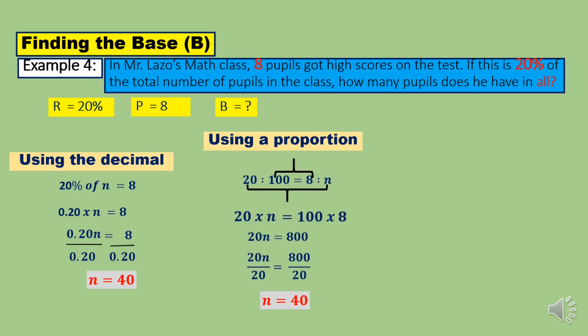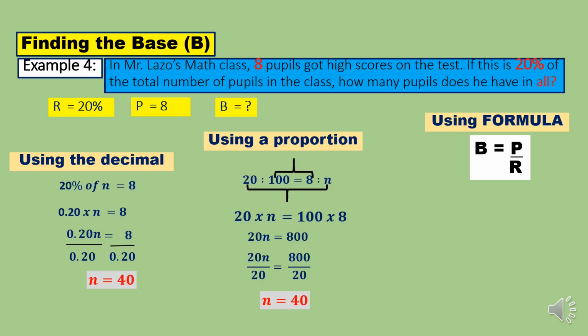So this time, gamitin naman natin at idagdag natin ang using formula. Ang formula for finding the base is B equals P over R. So what is the value of P? P is 8 and R or rate, this is 20%.